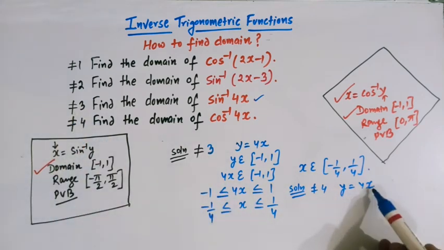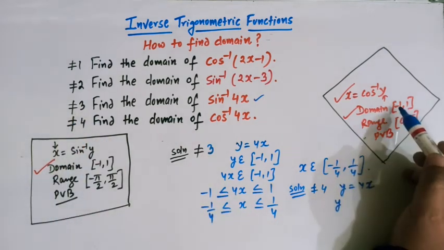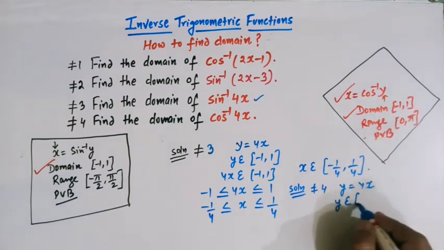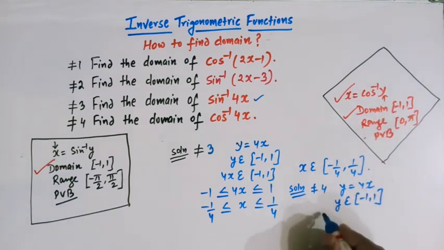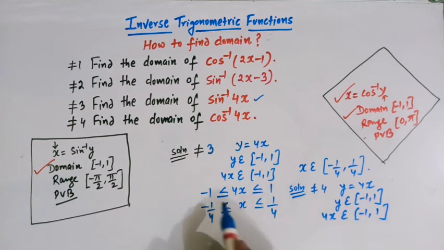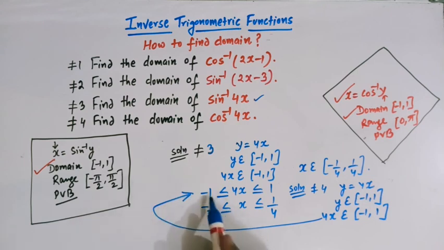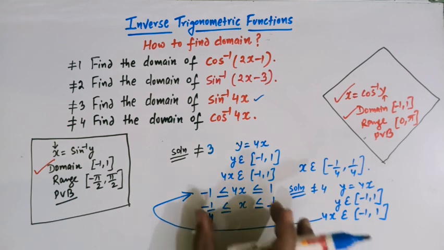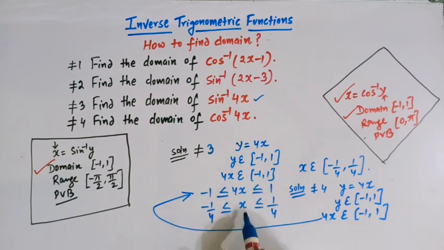So here y is equal to 4x, and y belongs to the interval minus 1 to 1, or 4x belongs to minus 1 to 1, and again this inequality will follow the same steps: minus 1 less than or equal to 4x less than or equal to 1, and dividing the inequality throughout by 4, we get minus 1 by 4 less than or equal to x less than or equal to 1 by 4.